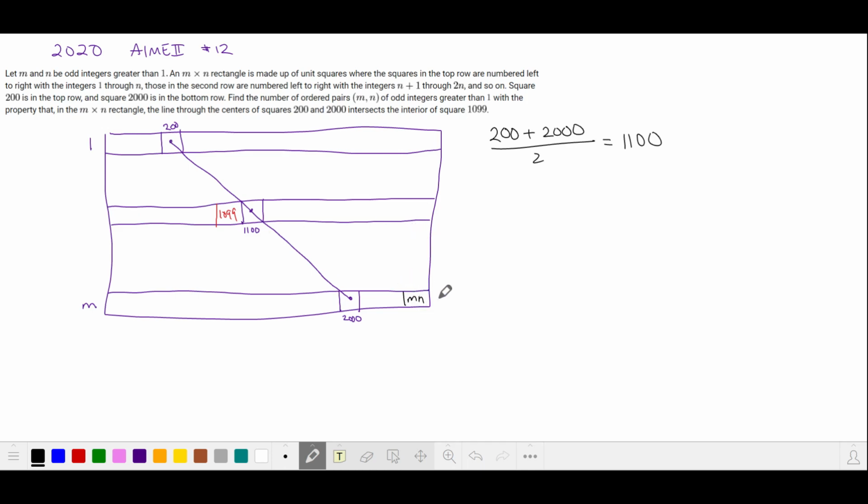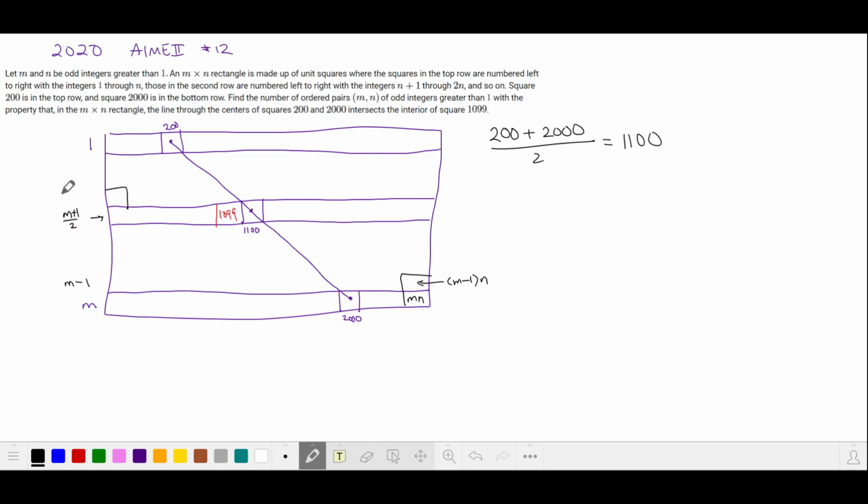The last square has value mn. The row above that is row m-1. So this square has value m-1 times n. The middle row, because m is odd, is m plus 1 over 2.